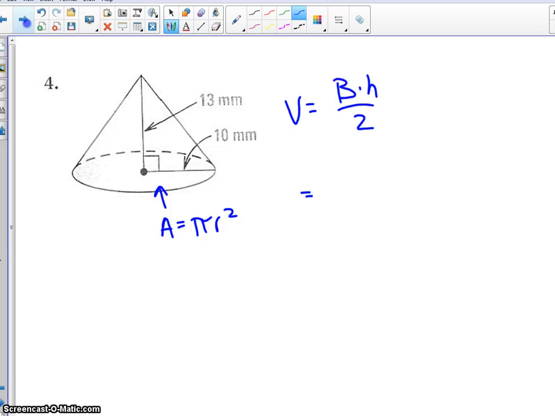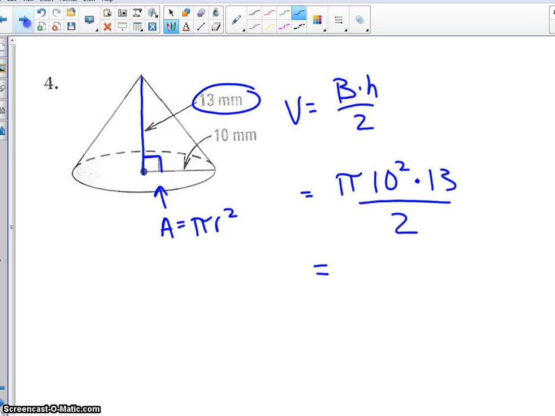So the area of the base: we're going to take pi, and the radius is 10. Now our height is right here. It's showing us that that's the distance straight down. So that's 13 divided by 3. In this case, you probably want to have a calculator, or you might be able to do this: 10 squared is 100, times 13, divided by 3.